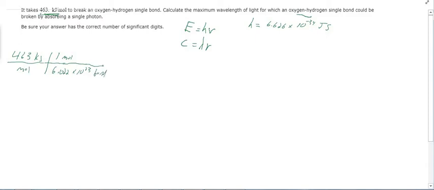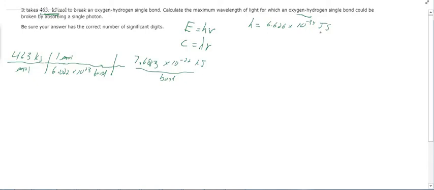So that gets us down to a single energy per bond, and if I do that math, I find 7.6883 times 10 to the minus 22nd kilojoules. It's not per mole now. It is per a single bond. That is the energy it takes to break one bond in kilojoules.